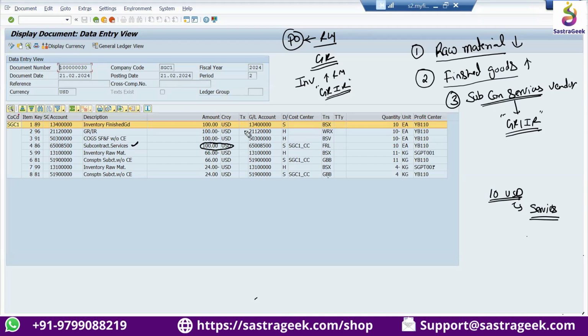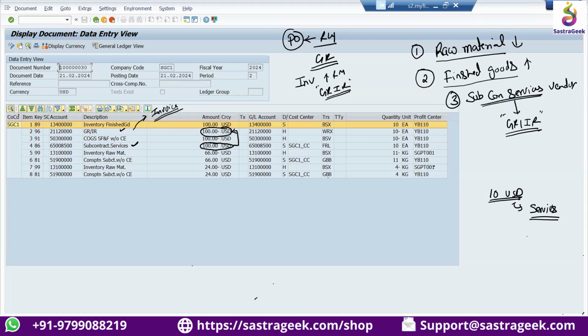And against it, another account which is hitting is the GRIR account. These two accounts make sure that your accounting entry is booked, that how much of the subcontractor services you have taken. And this GRIR account will get cleared when we do the invoice posting from the vendor. Okay, so these are the two vendor transactions that we need to pay to the vendor. 100 US dollars are there, right?